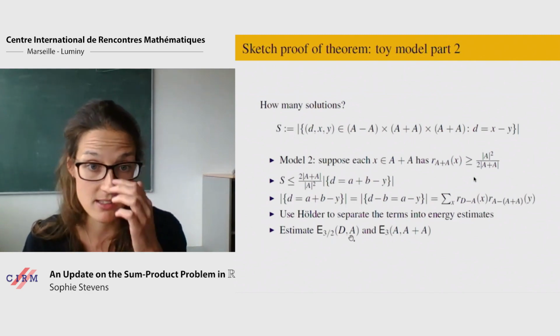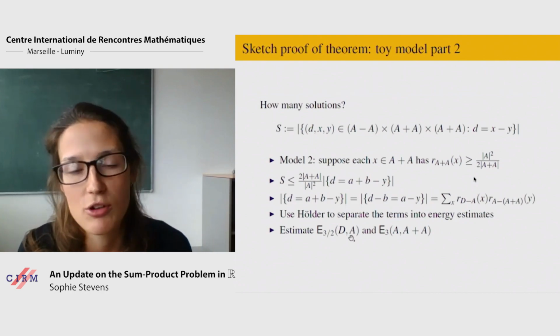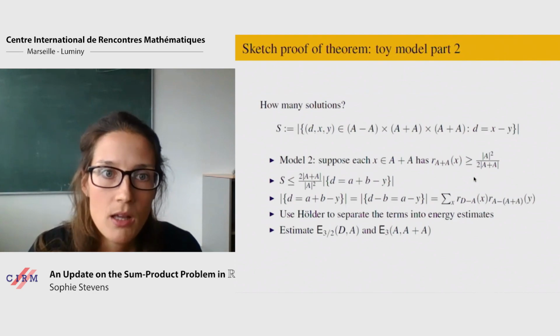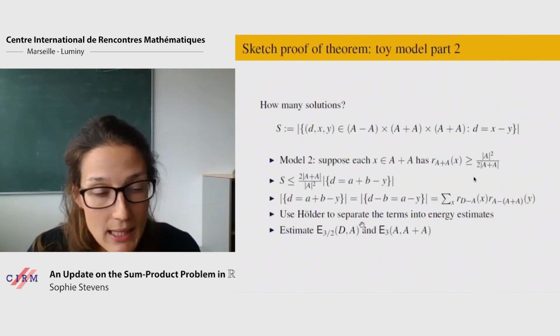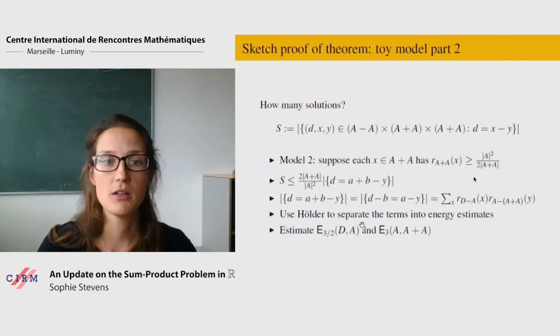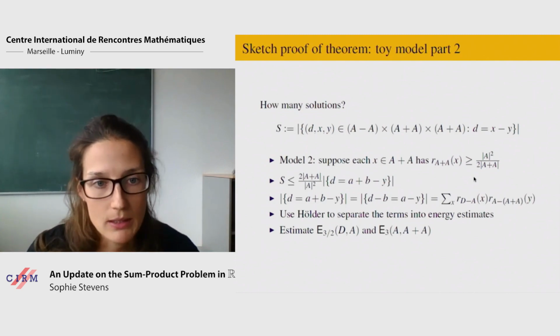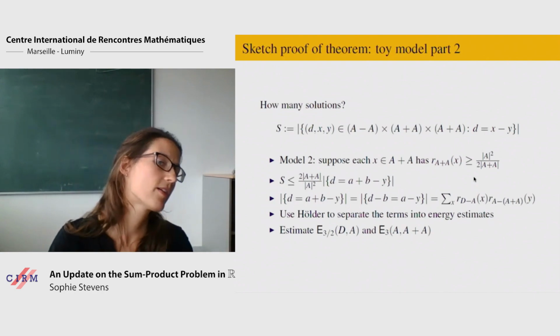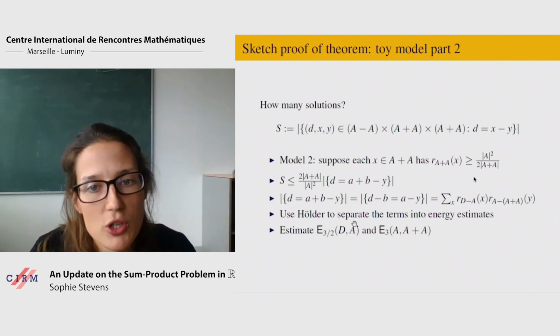So in both of these cases, using this Szemerédi-Trotter trick from earlier, we can estimate them well. And then tidying up this argument, doing some bookkeeping, proves the theorem. So it proves the theorem under these toy model assumptions.